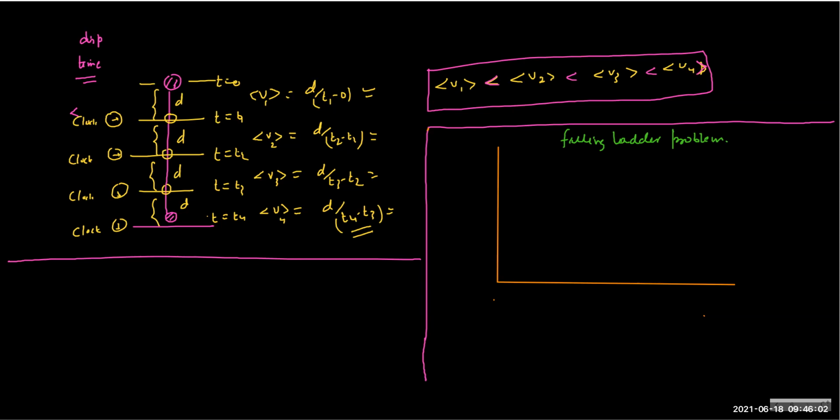You can imagine there is a kind of a ladder. Imagine this is the ladder of fixed length. Of course, the length is fixed. The length is L. I will use small l to write.